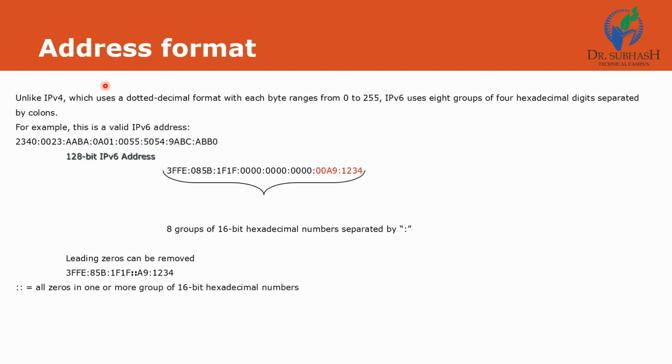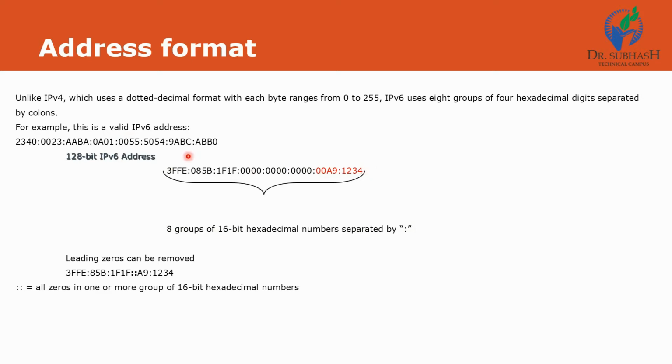Now, what is the address format of IPv6? Here is a 128-bit IPv6 address, 8 groups of 16-bit hexadecimal numbers separated by colon. First, second, third, fourth, fifth, sixth, seventh, eighth.